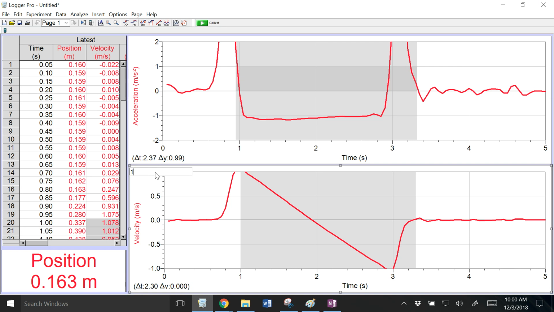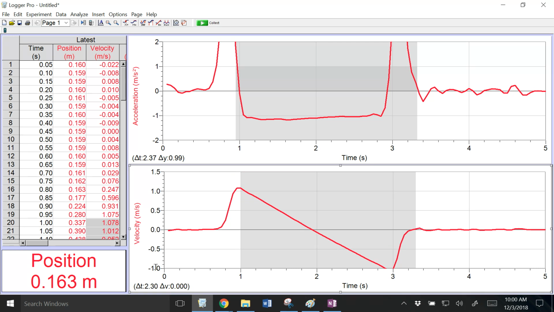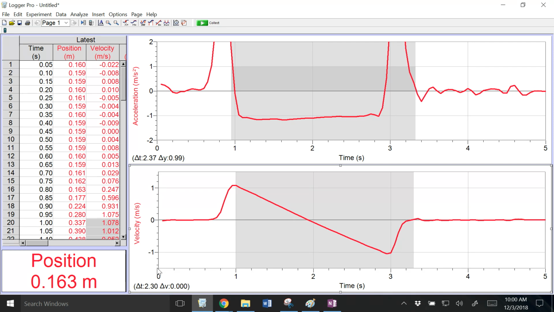You can see here it ends up. Yeah, that's about perfect. Let me grab a picture of this quick.